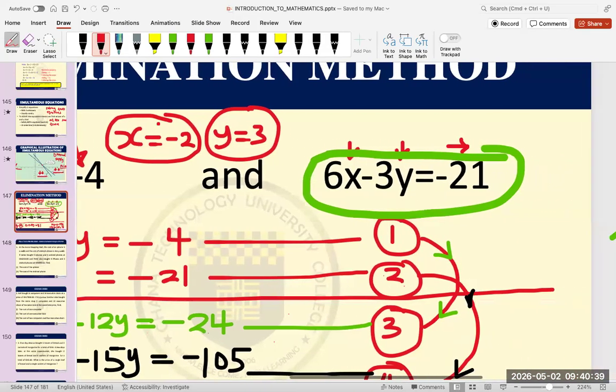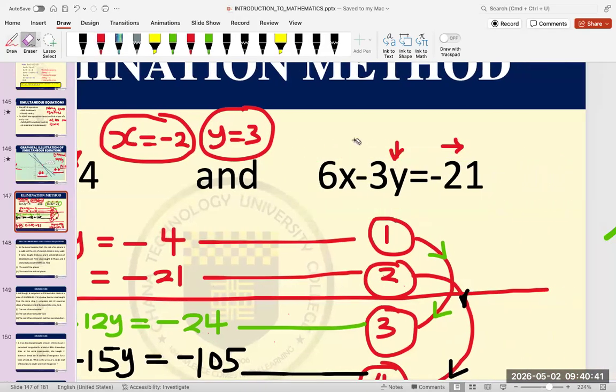Let's check the second equation, whether that one also we can get it right. The second equation, 6x means 6, x is negative 2, minus 3y means 3 times 3.